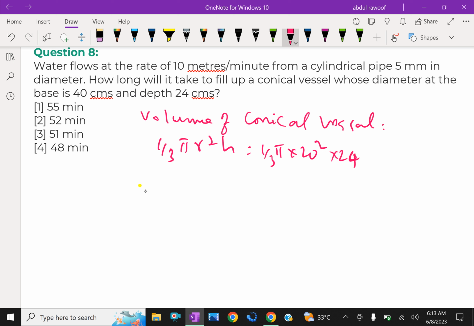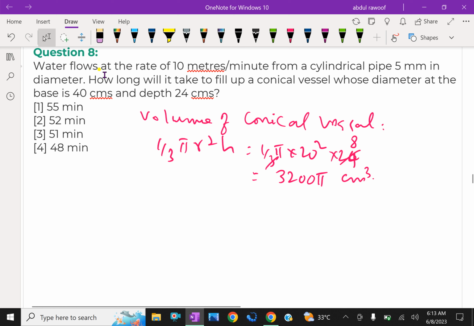So we have 3200 pi. This is the volume in centimeter cube.